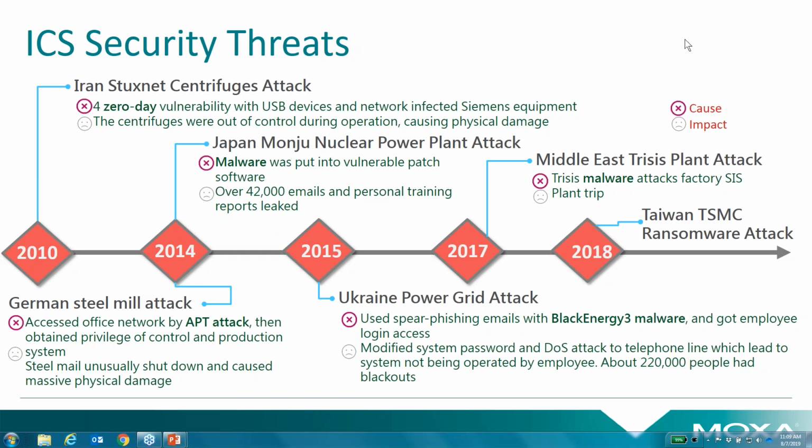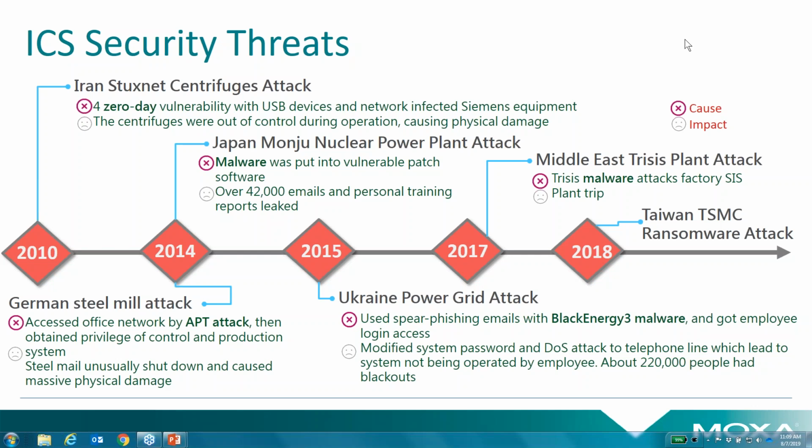This was very much a zero-day vulnerability taking advantage of a USB device to compromise some equipment in this centrifuge environment. The result was that many centrifuges in the environment were out of control during the operation, and it caused significant damage.